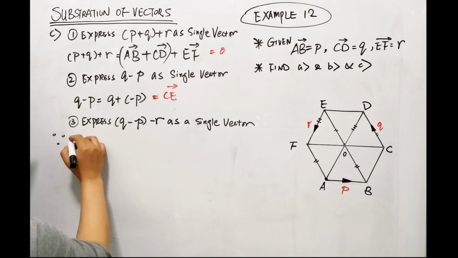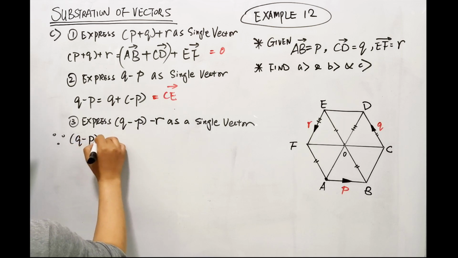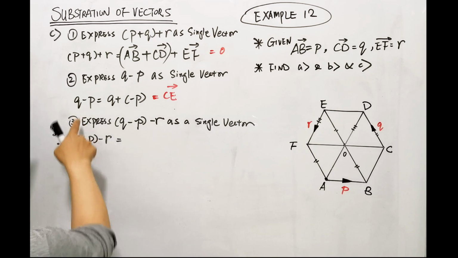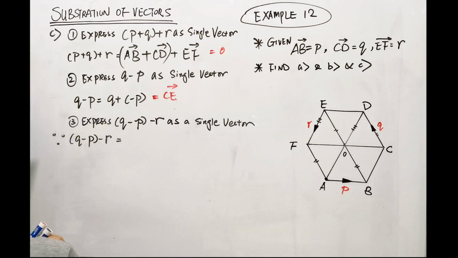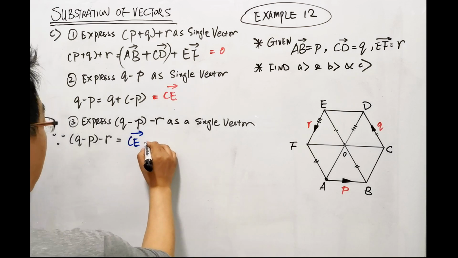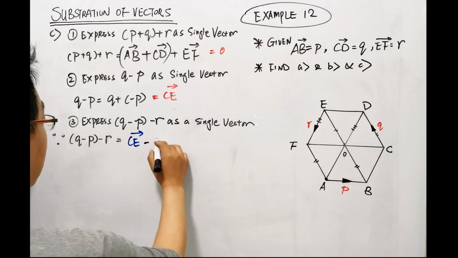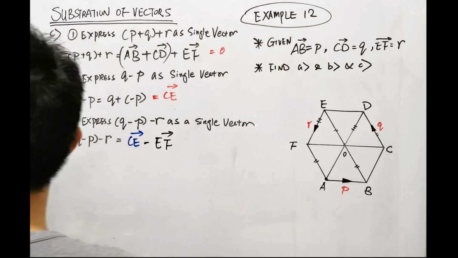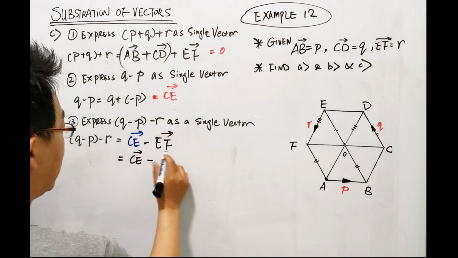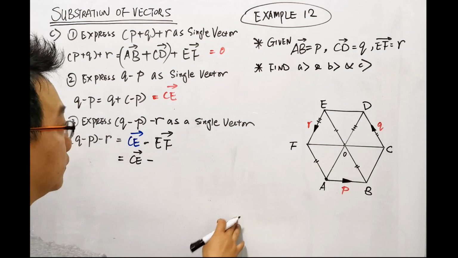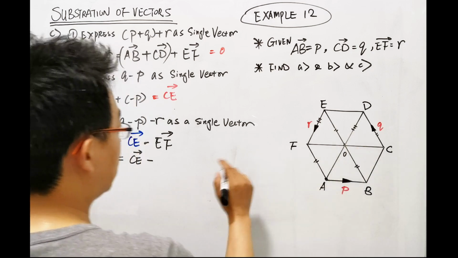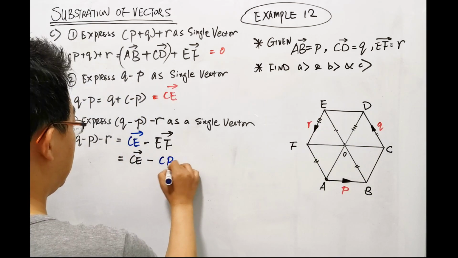Q minus P we already brought here, so we get CE, then minus R. R is the EF, right? So from here we see CE minus EF. EF is actually CB, right?